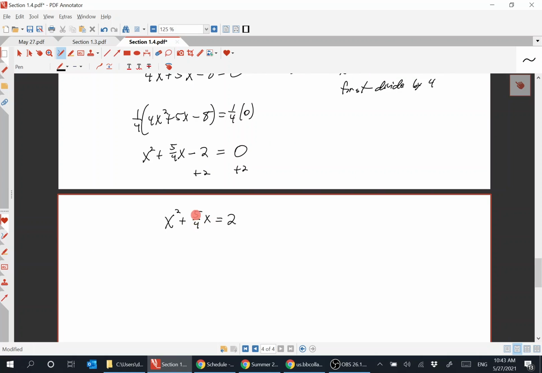Take the coefficient of x, which is 5/4, and divide it by 2, and then square it. 5/4 over 2 is 5/8. Squaring it is 25 over 64.